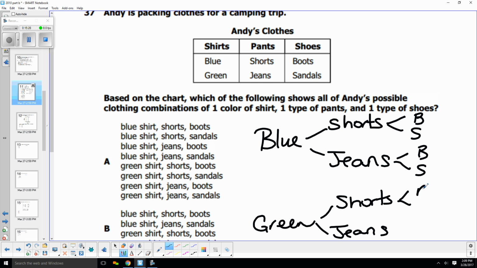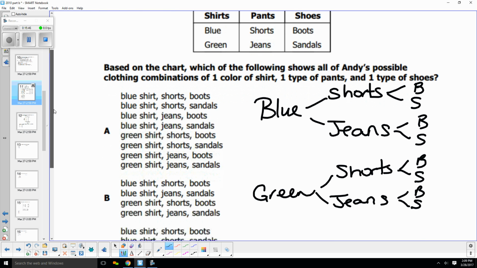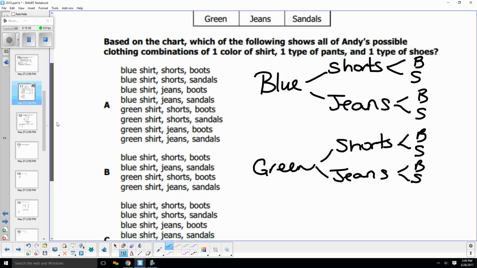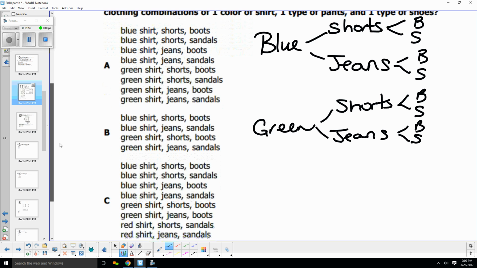Shorts, I can branch off into wearing boots or sandals, and also with my jeans. So I could have a blue shirt, a pair of jeans, and a pair of sandals. All of these are combinations of what I could wear. So which one of those would show the true statement of all the combinations that I could wear?